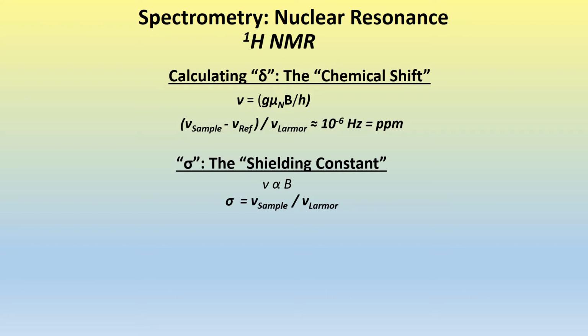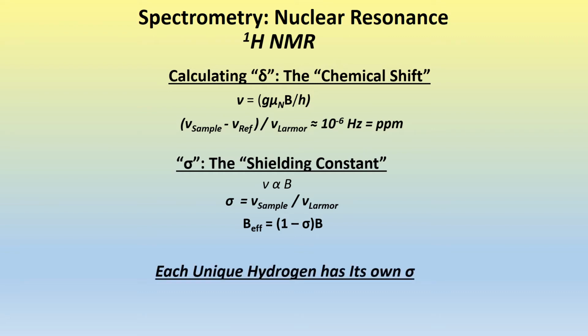The effective field then is some percentage of the applied field, or 1 minus sigma times B. Each unique hydrogen in a sample has its own sigma. So therefore, the frequency of the sample minus the frequency of the reference over the Larmor frequency, the parts per million scale, is equal to sigma of the reference minus sigma, the shielding constant of the sample, divided by 1 minus sigma of the sample.